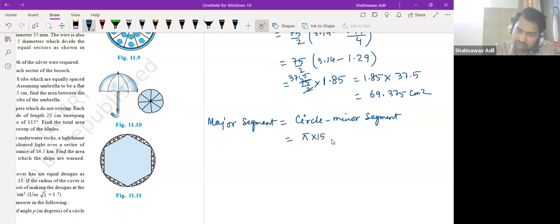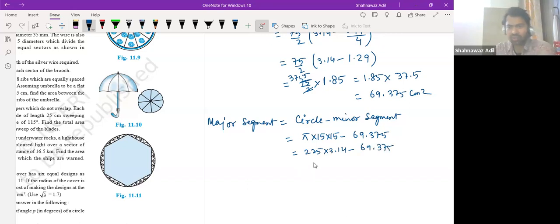So again we have got this decimal, and this is 225 times 3.14 minus 69.375. You guys have to calculate this on your own without using the calculator.